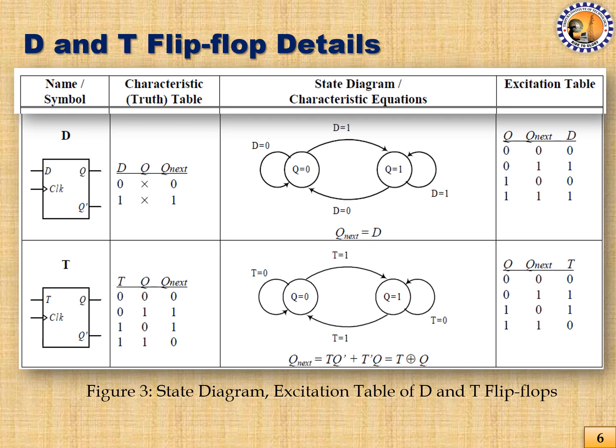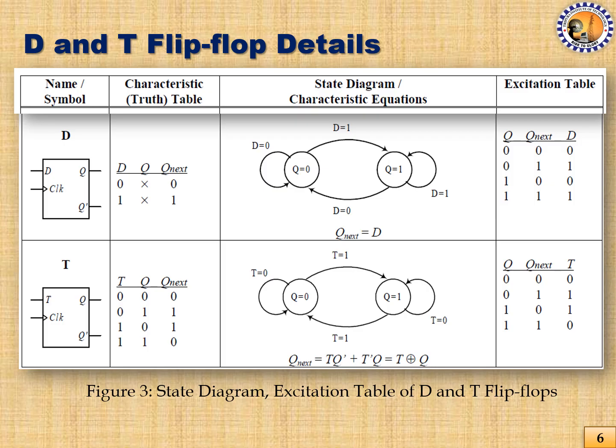Similarly, for the T flip-flop, as you can see in the characteristic table, if we put T equal to 0 and Q is presently 0, the next state will also be 0. And if T is 0 and Q equal to 1, then also it will remain in the present state only.